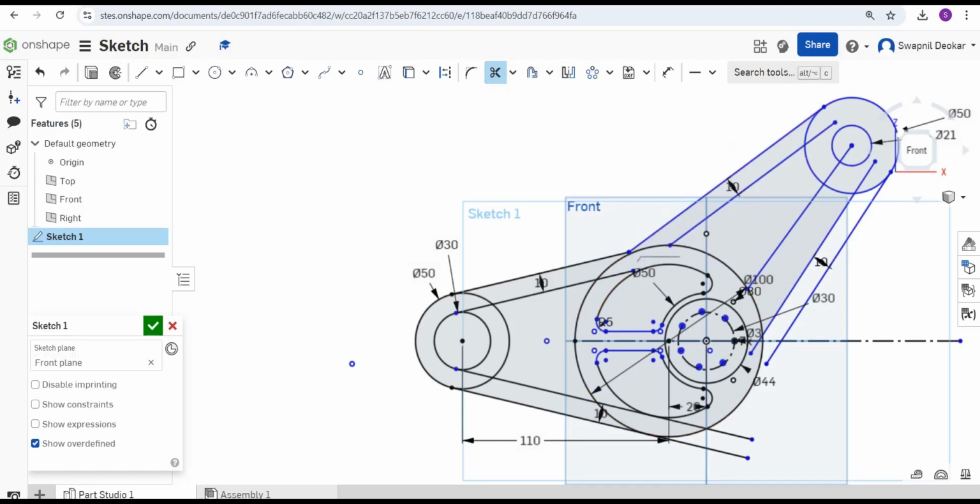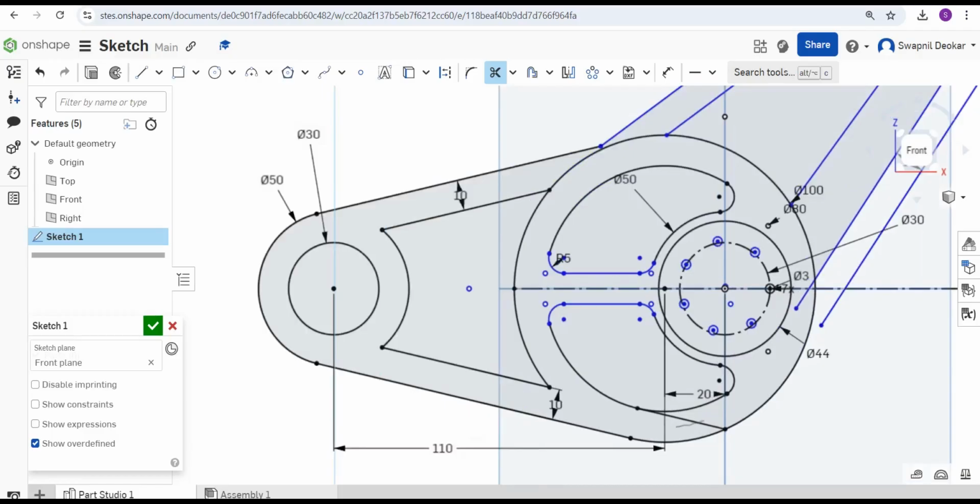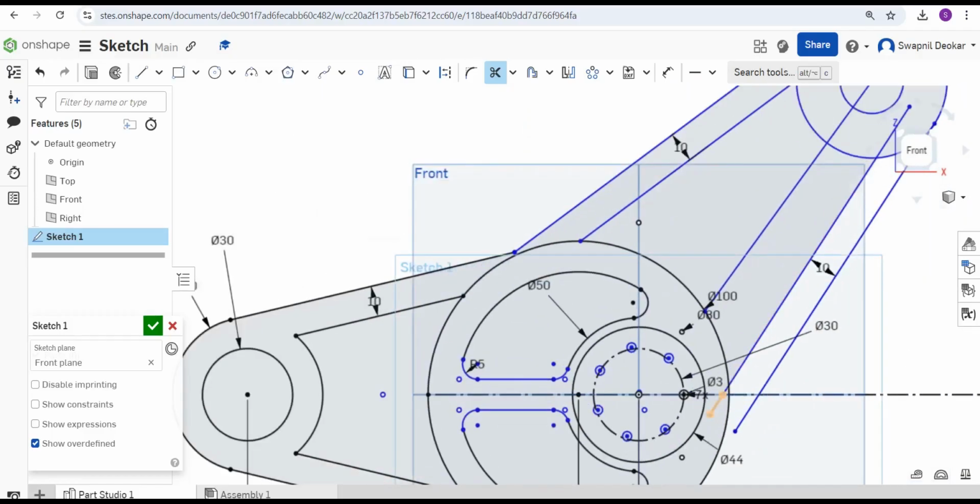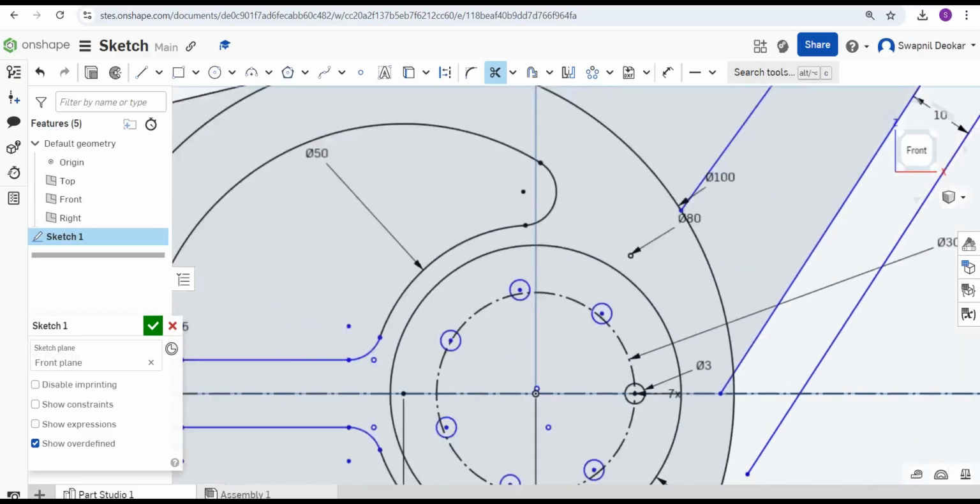This is not required, this is not required, this is not required, this is not required, this is not required, this is not required.